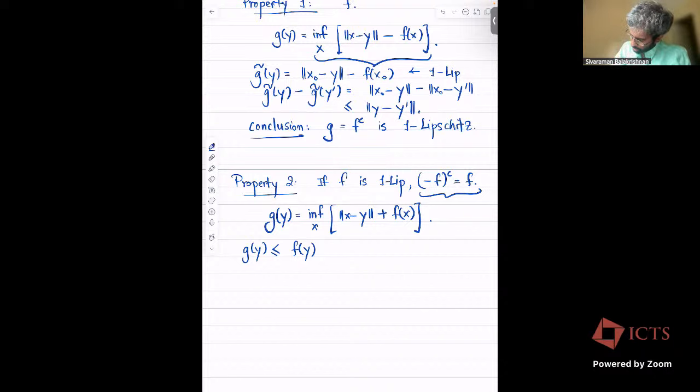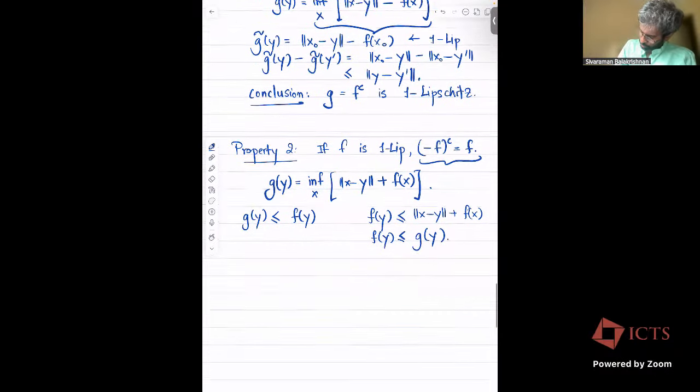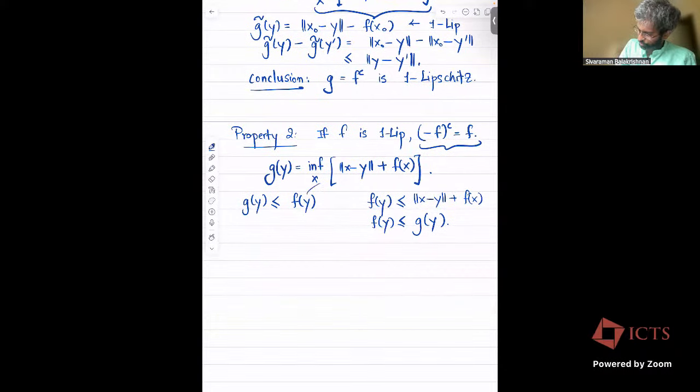On the other hand, I know that f of y by the one Lipschitzness is always less than the norm of x minus y plus f of x. This is just by one Lipschitzness. So from this, I conclude that f of y must be less than the inf over x of the right-hand side. So that is, it must be less than g of y. Right, so I've concluded these two properties hold.